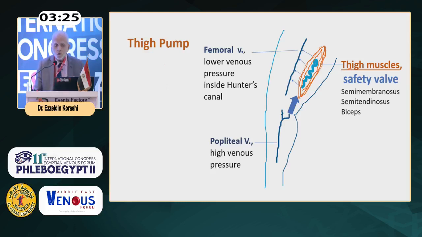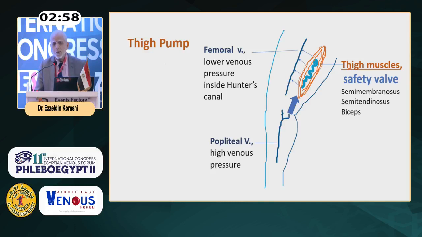Some of the blood flows from the popliteal vein next to the thigh muscles and then back to the femoral vein. This station in between decreases the pressure delivered to the femoral vein, which cannot distend much. It is imprisoned in the Hunter's canal. The thigh muscles' importance was recognized more than 20 years ago. These are more recent interests than the calf muscles.